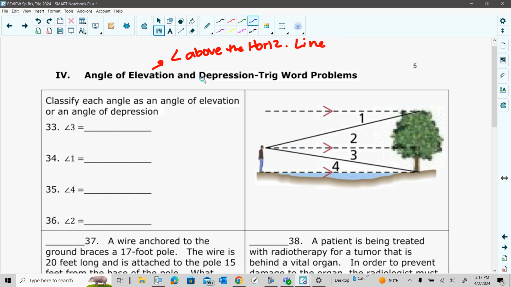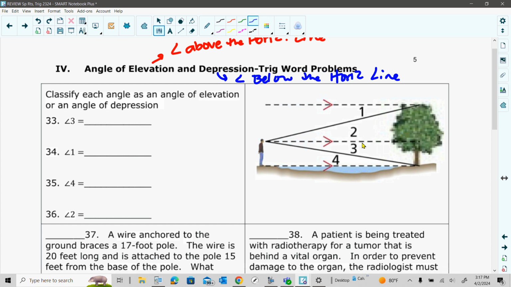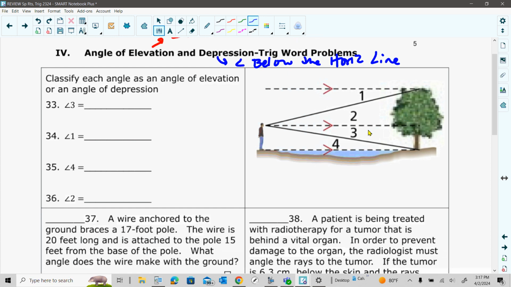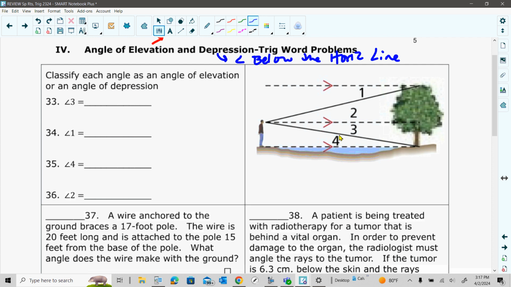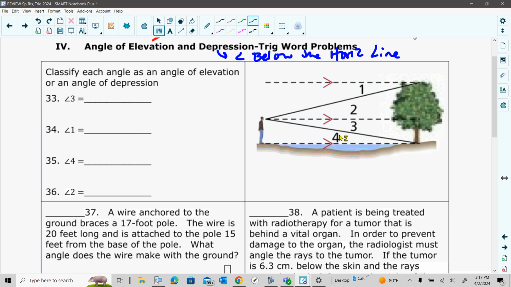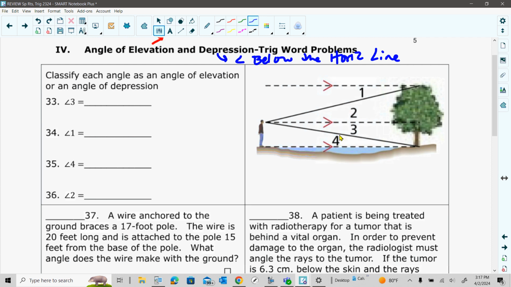Now, if I'm talking angle of depression, it's the angle below the horizontal line. So you do need to know your vocab to identify on a diagram. It's going to be similar to what I'm having here. I'll give you the picture, give you the angles numbered. You have to tell me which type of angle is shown. So angle 3 here is below this dotted line, so this is depression.